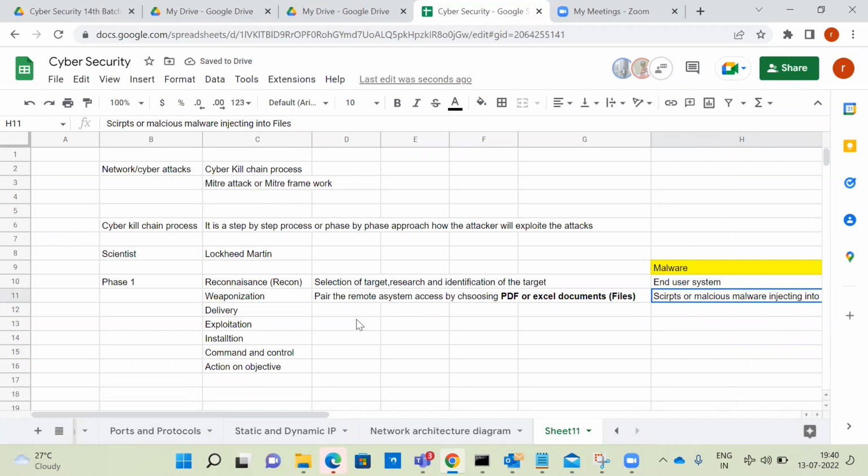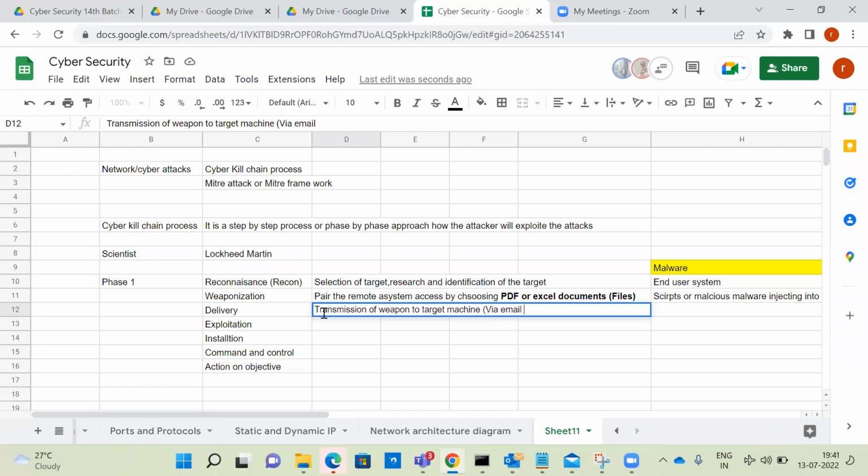Third one is delivery. Transmission of the weapon. Whatever weapon he has chosen, he will transmit that weapon to the targeted machine. How will we transmit to the targeted machine? For example, via email, or attachments, websites or USB drives.